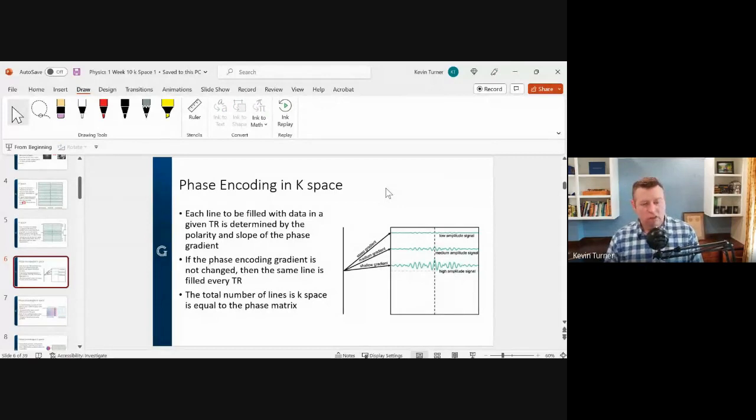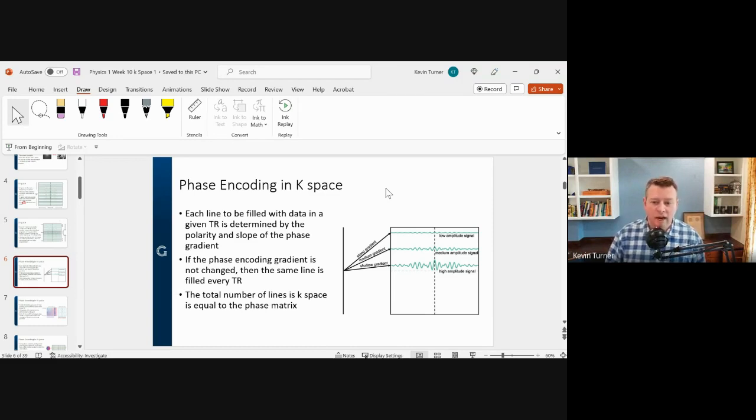So determining where information goes into K-space is the job of the phase encoding gradient. The phase encoding gradient determines whether information goes in the top half of K-space, the middle of K-space, or the bottom half of K-space. Every single echo has to have a different slope of the phase encoding gradient.